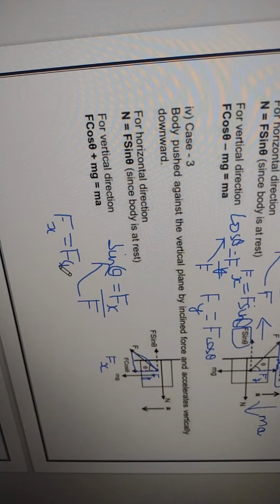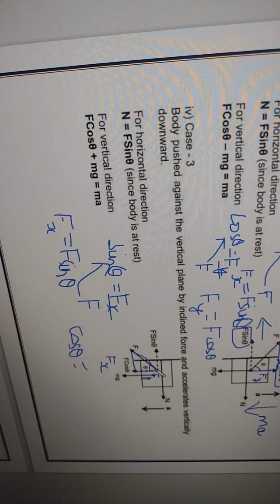Now F of y. Cos theta is equal to b by h.